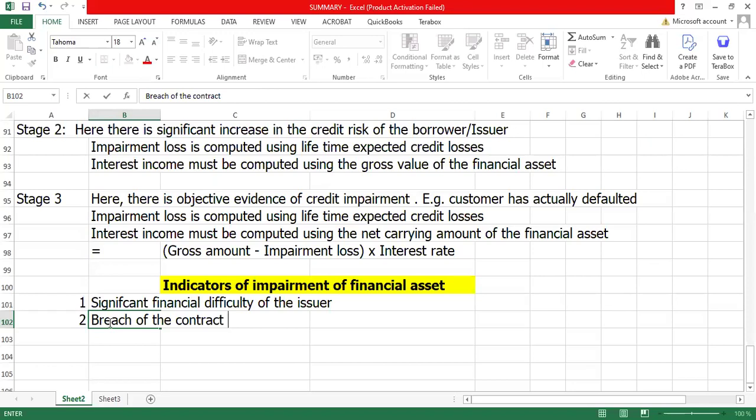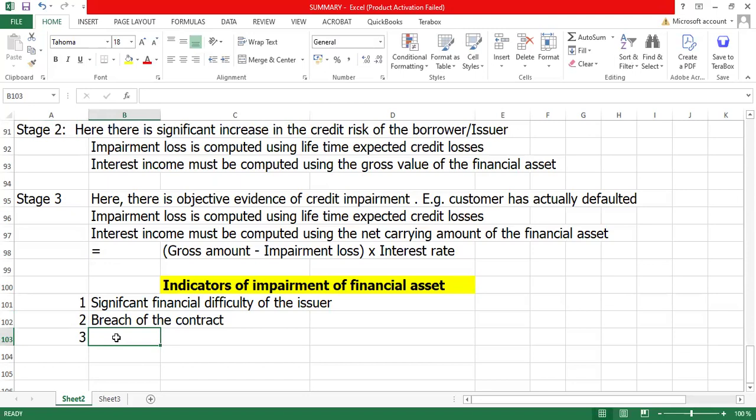In that situation, it can be an indicator that highly likely you're not going to receive your money as a holder. So it can be an indicator also that your financial asset is impaired.